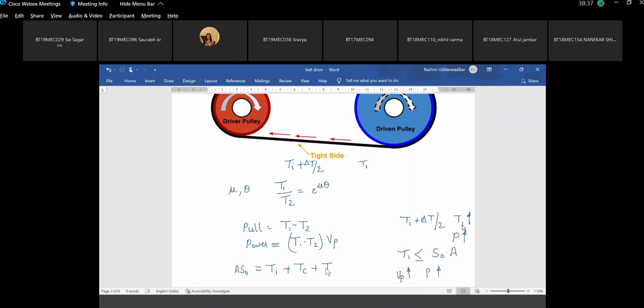Due to weight? Not exactly. As compared to its tension, its weight is very less. Anybody?